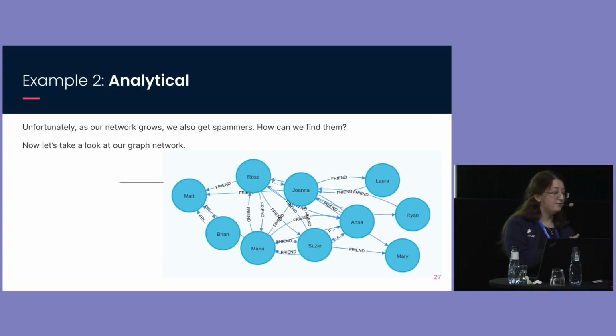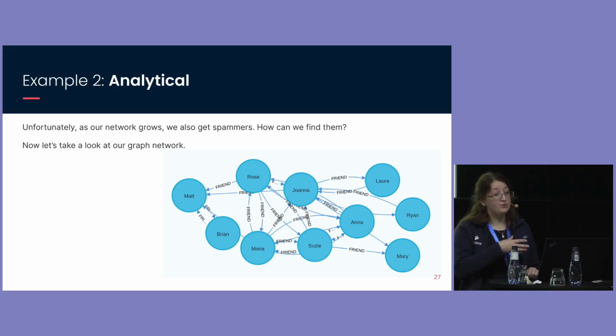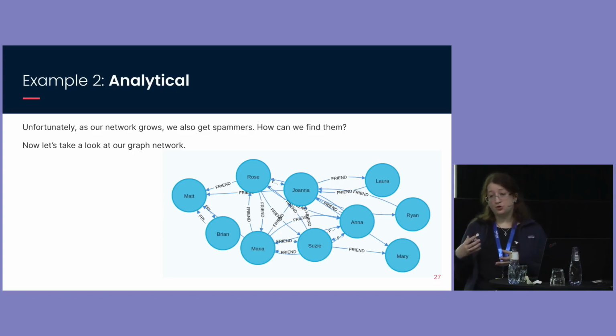First, we could look for people with a lot of outgoing connections, people who start sending friend requests to everyone and try to be everyone's friend. Another way is to see if spammers are trying to boost each other to look like legit users, and look at mutual connections in our network. So let's take a look at the second approach, and we will make a query that looks at all the mutual connections in our network.